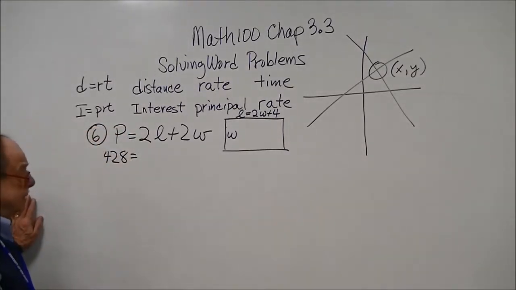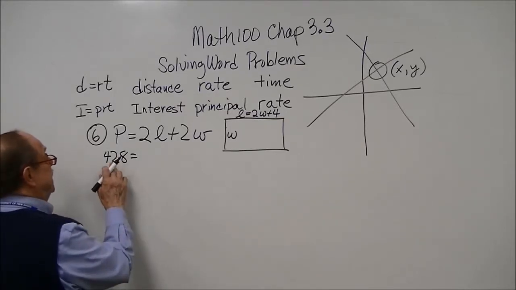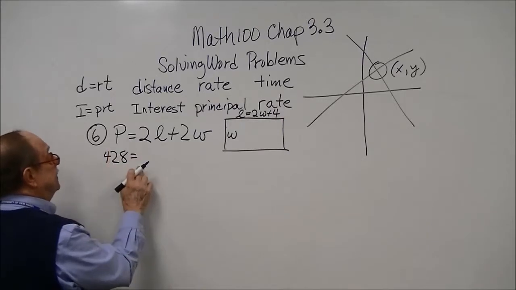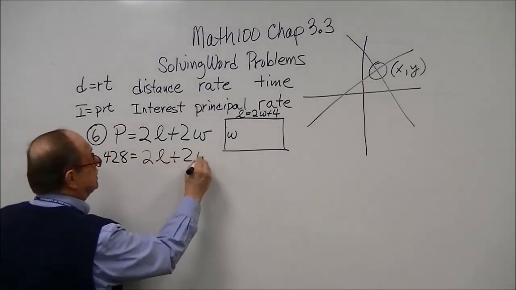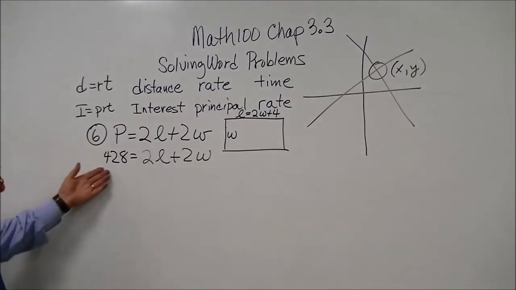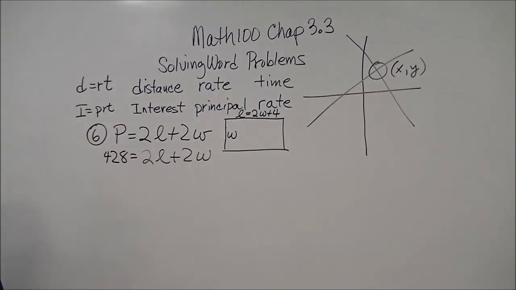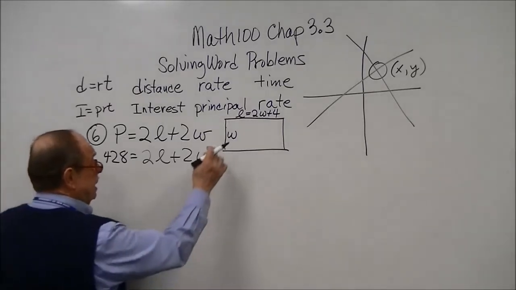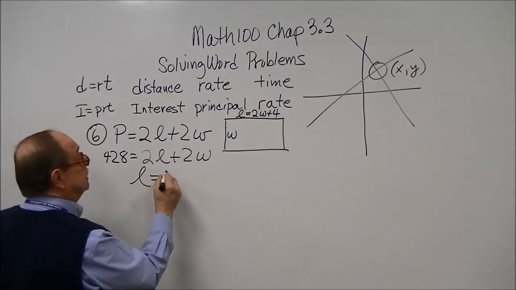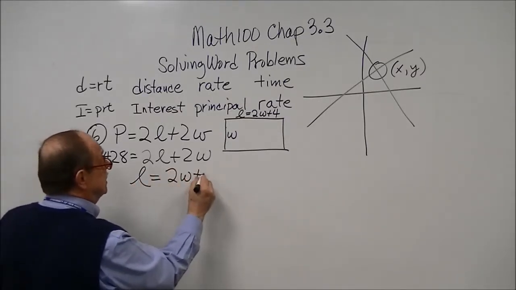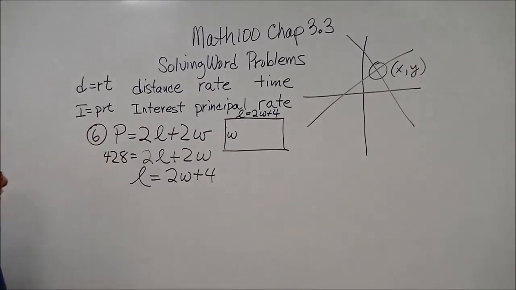So what is our equation? Well, the first equation is going to be that this perimeter is 2 lengths plus 2 widths. That's our first equation. Now our second equation is that we know the length is equal to 2w plus 4.